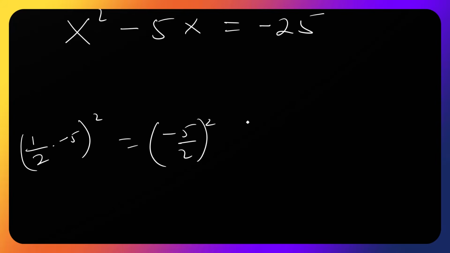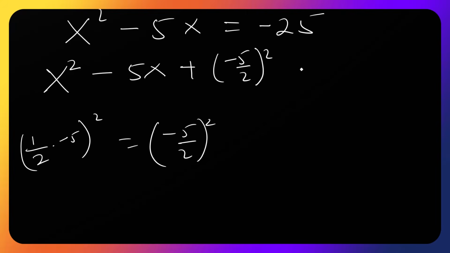Let's add this to both sides of the equation. x squared minus 5x plus minus 5 on 2 all squared, equals minus 25 plus minus 5 on 2 all squared.